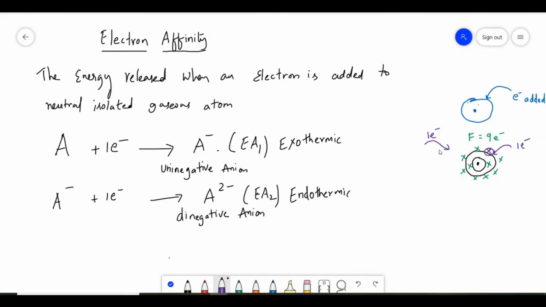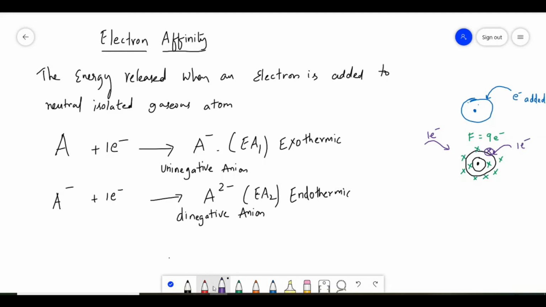But still, if you want to add the electron, we have to supply energy. In the first case, the electron is easily accepted and energy is released. But when adding the second electron, the first electron repels the upcoming new electron, so we require some more energy. That is why electron affinity 2 is always endothermic and electron affinity 1 is always exothermic. This is the reason behind exothermic and endothermic.